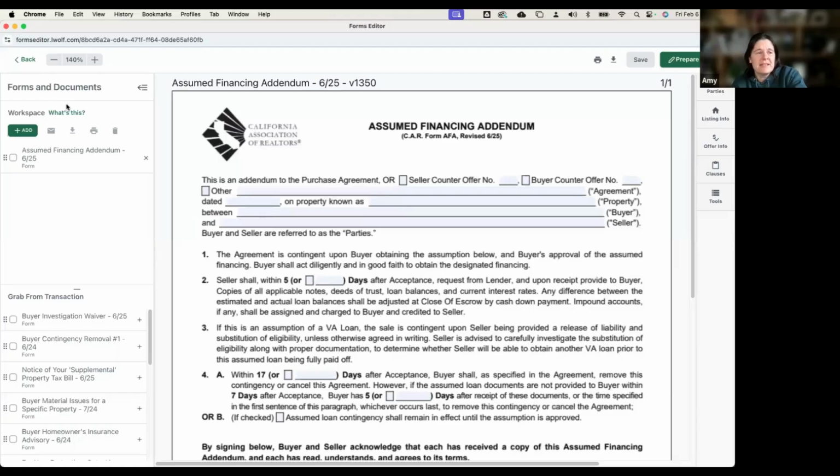This assumed financing addendum states that, hey, we don't care what the default is. The default on this is he's going to get a release of liability and substitution of eligibility. Okay.